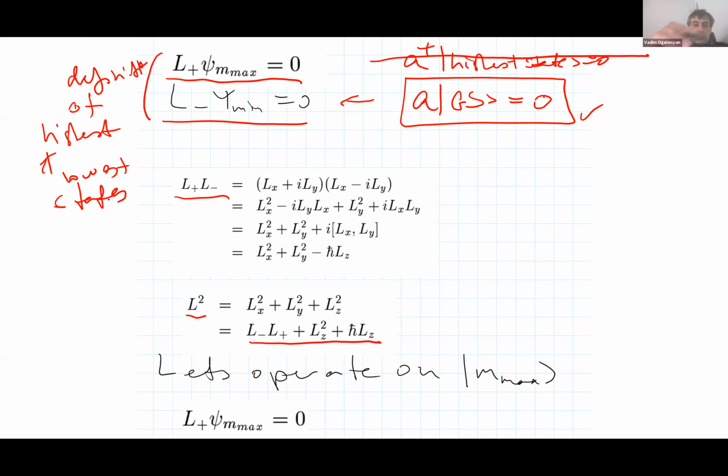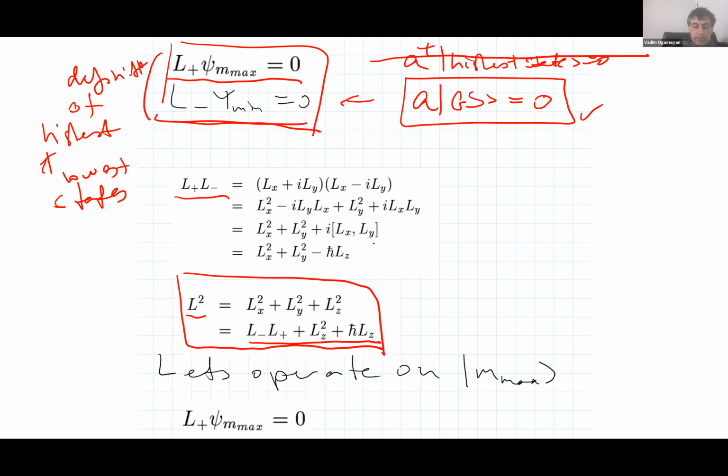Okay, right. So these are definitions of what the top and the bottom of the ladder are, and now we want to exploit those definitions to gain some information about the eigenvalues. The idea is that this is exact as obtained from that.